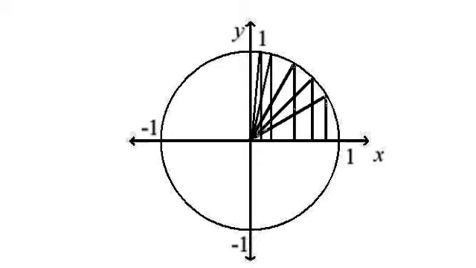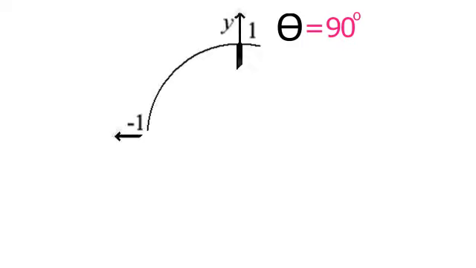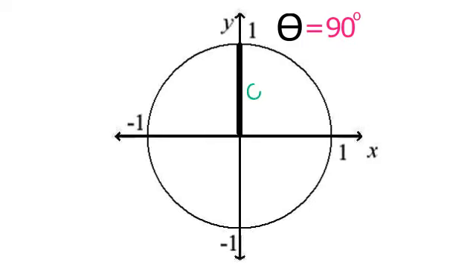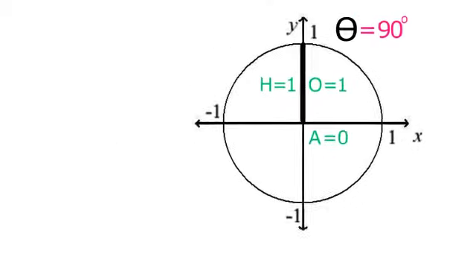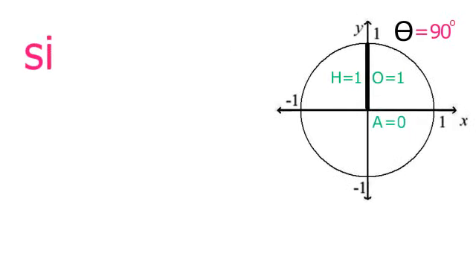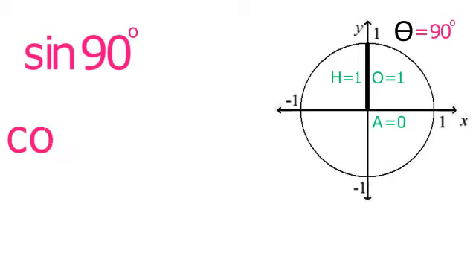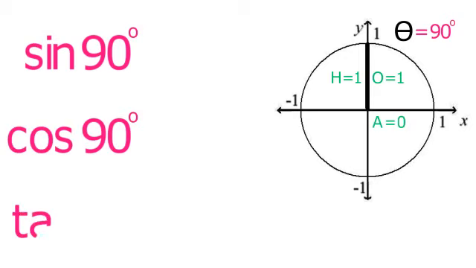So a hypothetical triangle with an angle theta equal to 90 degrees would have an opposite side of length 1 and an adjacent side of length 0, while the length of its hypotenuse would remain 1. This abstraction allows us to calculate the trig ratios when theta equals 90 degrees.